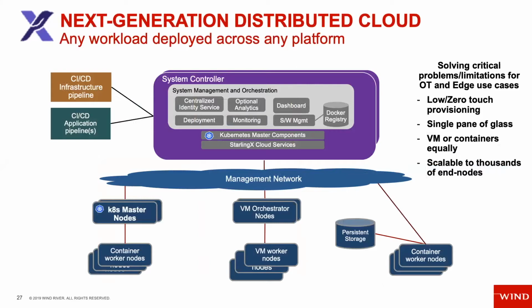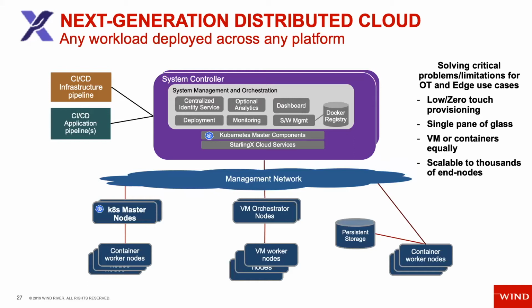And then finally, one of the capabilities that the Starling X project is working on is what I call the next generation distributed cloud. This is a work group or a sub-project within Starling X, and what they're really working on is this N-tier or multi-tier hierarchy that I described earlier in the session, where you have a central controller, a regional controller that provides a lot of the key management functions, such as monitoring, logging.